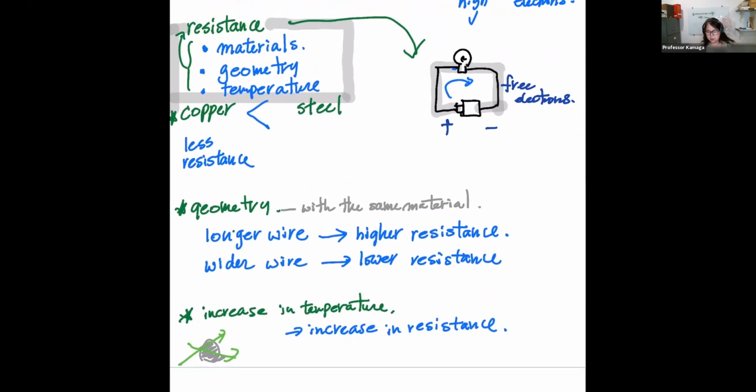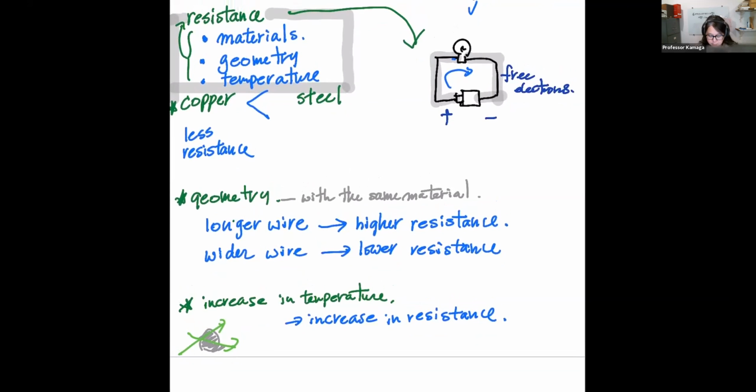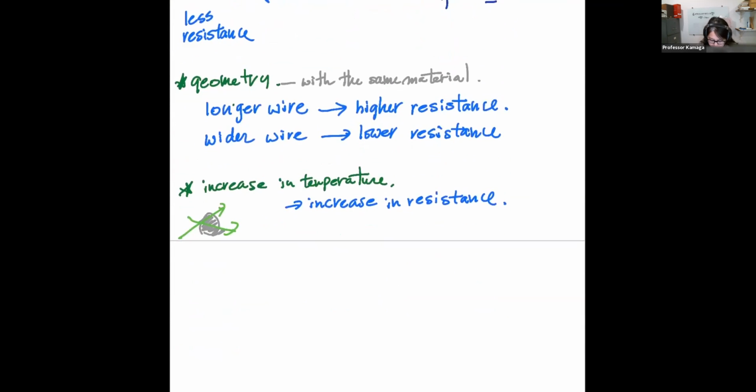So resistance for the current flow in conductive wires or an electronic device depends on the type of material that the electrons are flowing through, depends on the geometry, and depends on the temperature. And by varying these factors, the resistance does change. Electric resistance: we typically use R for the electric resistance.